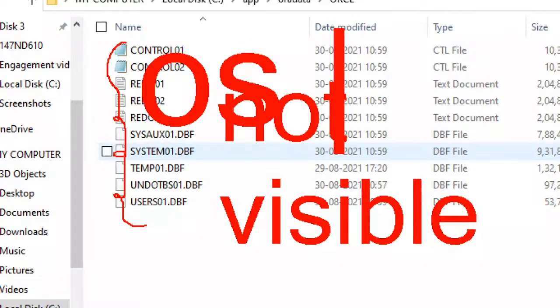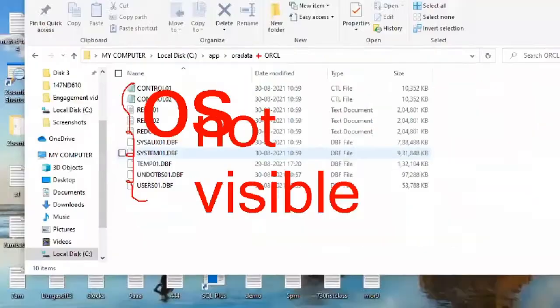Very, very important. Tables are not visible in the C drive, D drive like that. Views are not visible in the C drive, D drive, E drive like this. Indexes, functions, procedures, not visible. That is visible in a database, okay, I agree, but unfortunately that is not visible in the operating system.